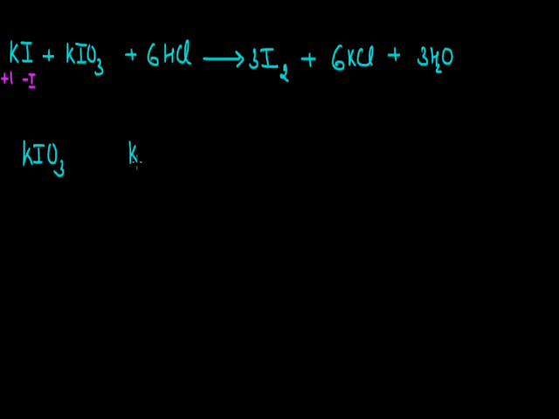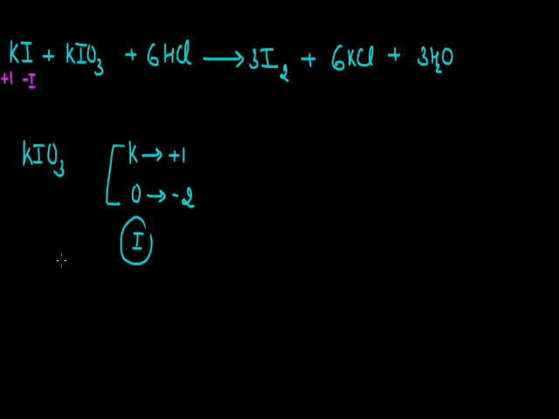Potassium has higher priority, so its oxidation state will be +1. The oxidation state of oxygen will be -2, and since iodine comes at the bottom of the priority series, its oxidation state will depend on the oxidation states of these.